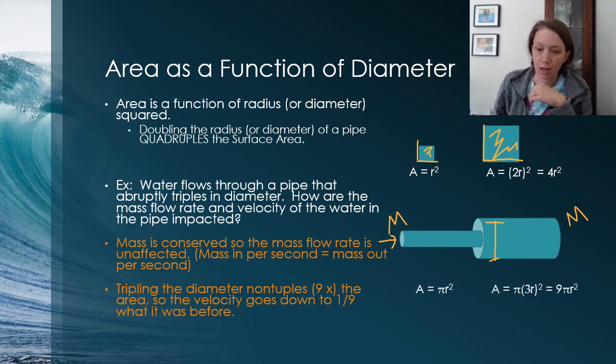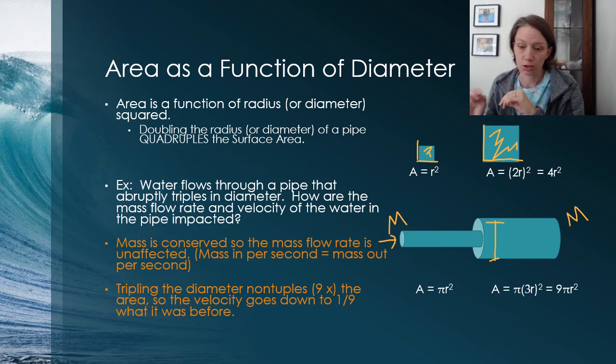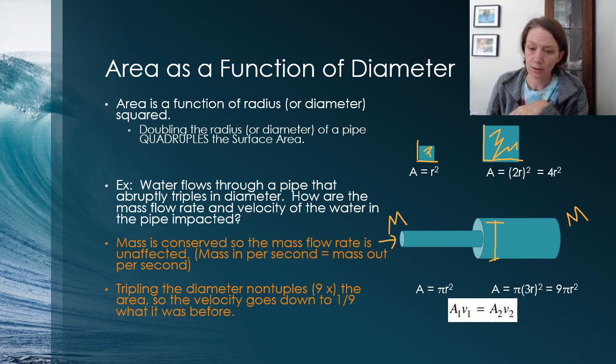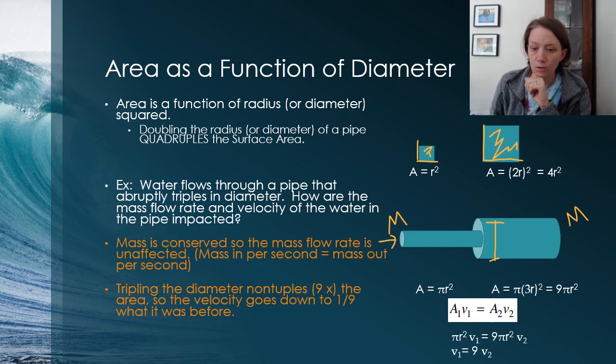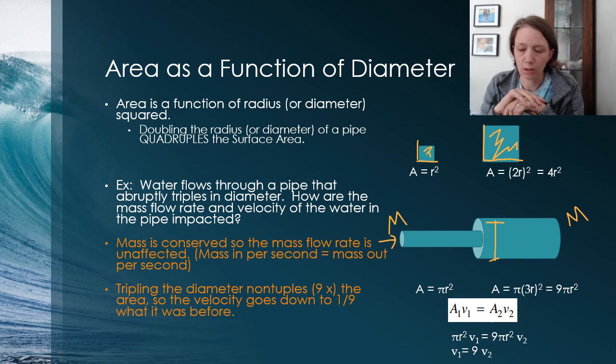If you want to follow through that mathematically, the area of the pipe in that first location is pi r squared because it's a circular cross section. In the second area, we've got pi times (3r) squared because we have triple the radius, and that simplifies to 9 pi r squared. Then if we substitute into our continuity equation, A1 V1 equals A2 V2, on the left side of the pipe we have pi r squared V1 equals 9 pi r squared V2, and when you cancel out the pi r squared, you're left with V1 equals 9 times V2.